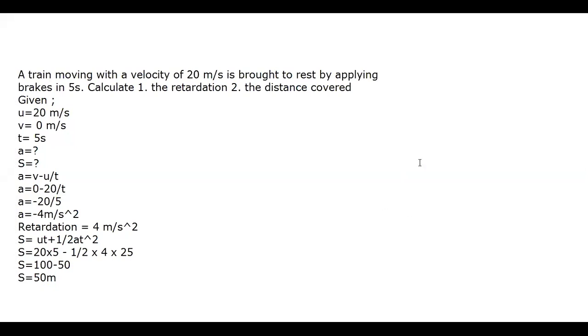Let's start with the next one. Write down the next numerical. A train is moving with the velocity of 90 kilometer per hour.